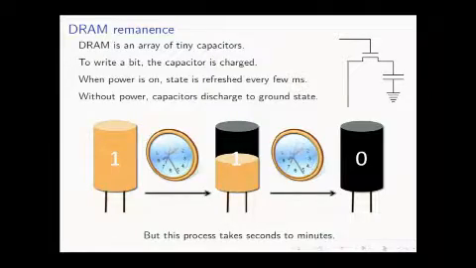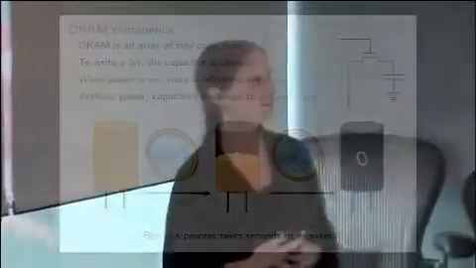So I'm going to explain the phenomenon of DRAM remanence. So your computer's memory is probably DRAM, dynamic RAM. And you can think of it as an array of little capacitors. And it's filled with data. So when you want to write a bit, you charge a capacitor.